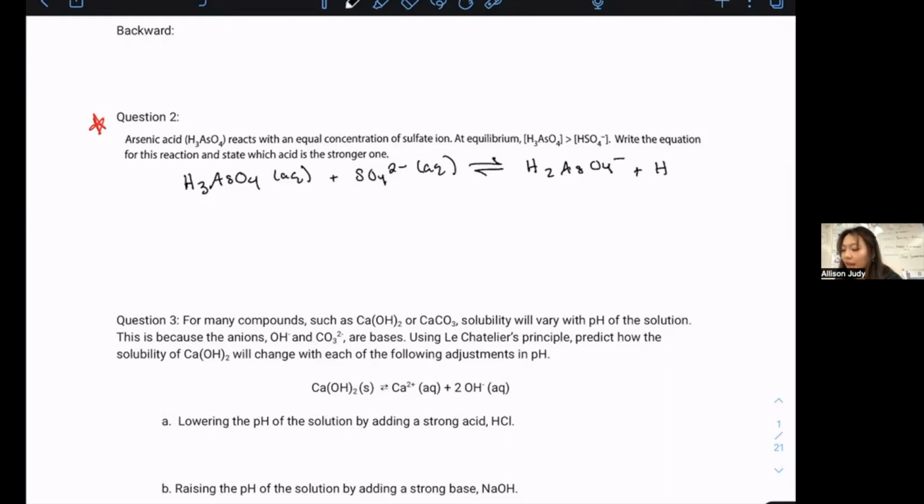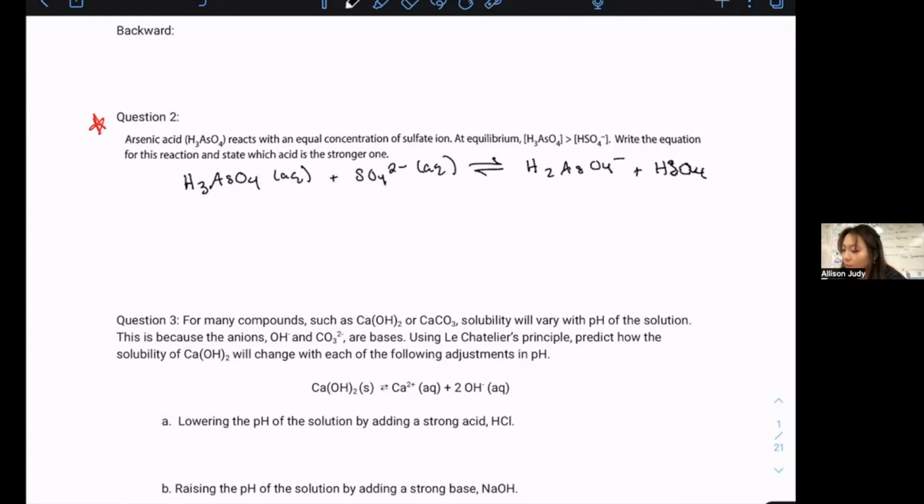The H3AsO4 is our known reactant, arsenic acid, but we don't see HSO4 minus as a reactant. In fact, we see sulfate as a reactant. So you know then that in order to have this molecule present, sulfate had to have become that molecule because it has the same base of SO4 with an addition of an H proton. So you know then that that is part of the products.